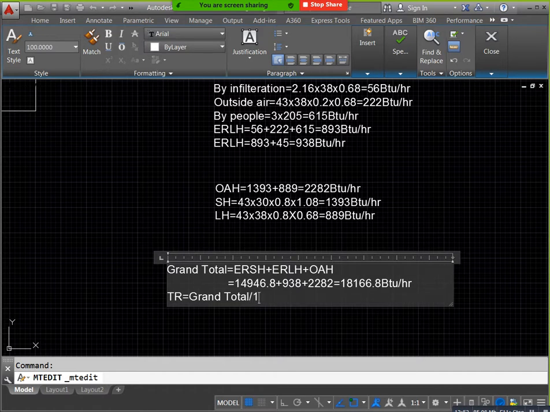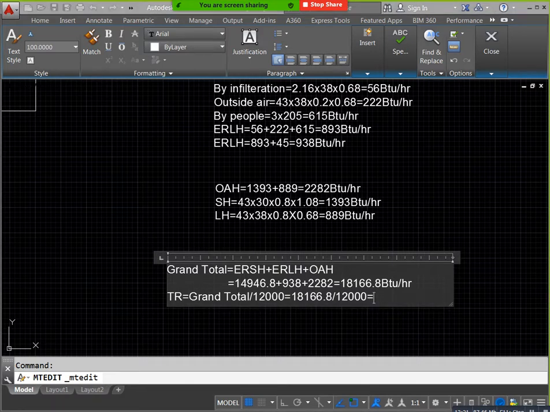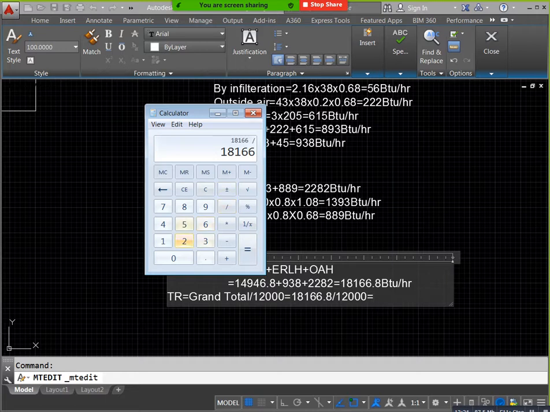So 18166.8 divided by 12,000 gives 1.51. You can mention 1.51 TR. This much tonnage is there. Tons equals grand total heat divided by 12,000.